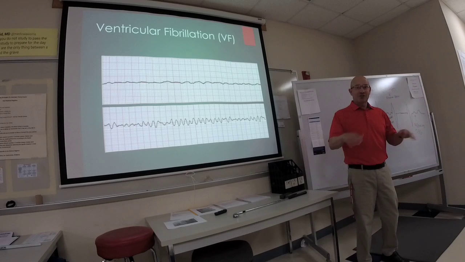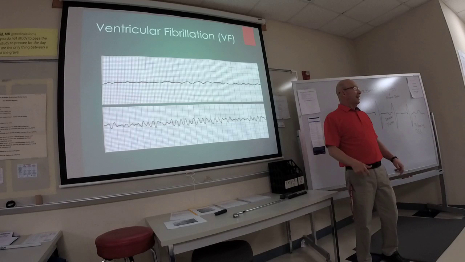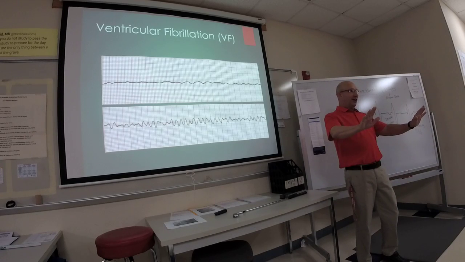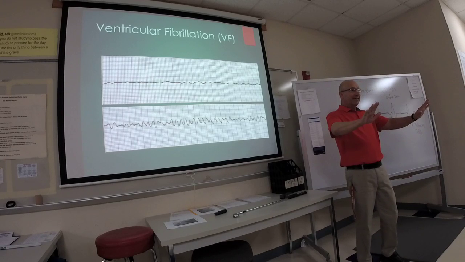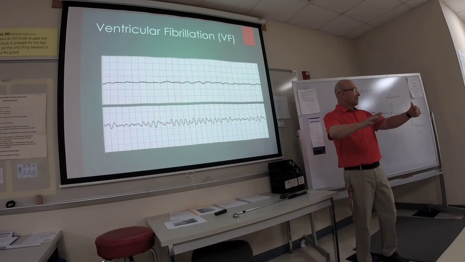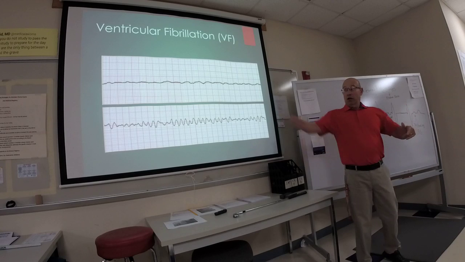The trainees want to put on the pads and get going, right? And the guy's going, hey. I'm like, okay, before you open that $30 pair of electrodes, calm down, and figure out what's taking place here. Is this patient really in V-fib?